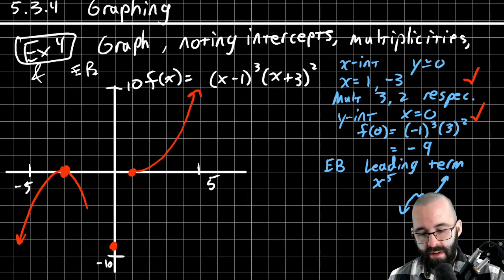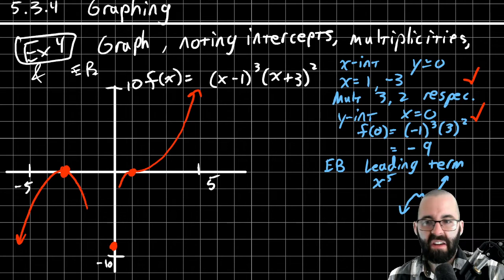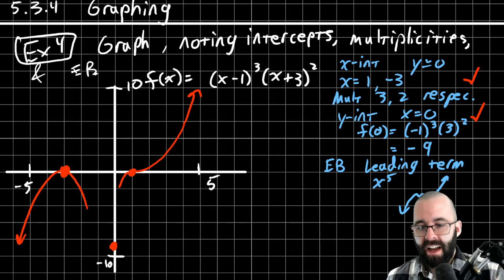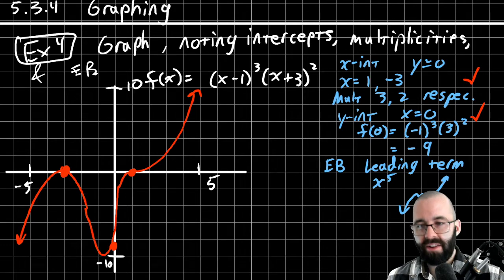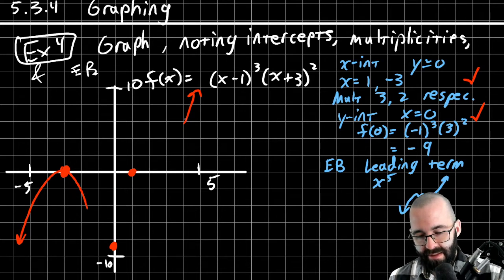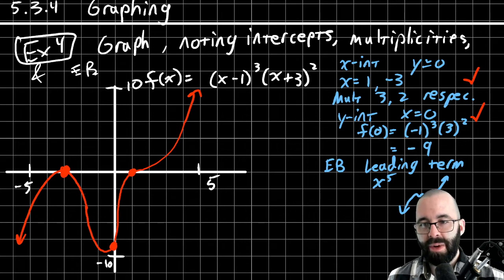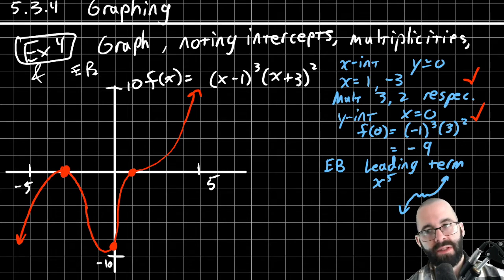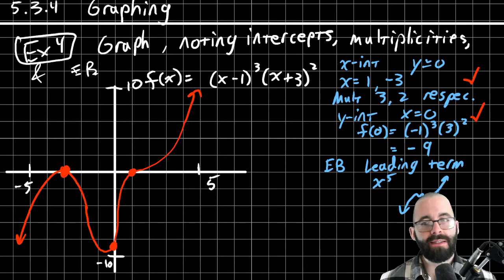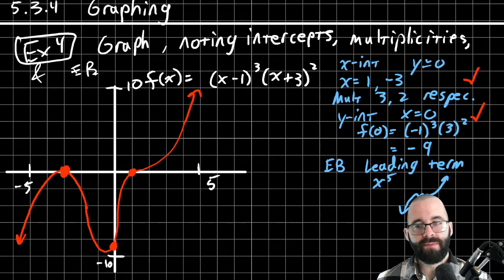All right, maybe like that. And then all that we know is that, all right, well, it has to get really steep so it can curve there. And I don't know where that turning point is. I don't know where that local extremum is. It doesn't have to be super nice. I'm getting grumpy because I want mine to look nice, but as long as you include the intercepts, the multiplicities, and the end behavior and connect the dots, it's going to be good enough.